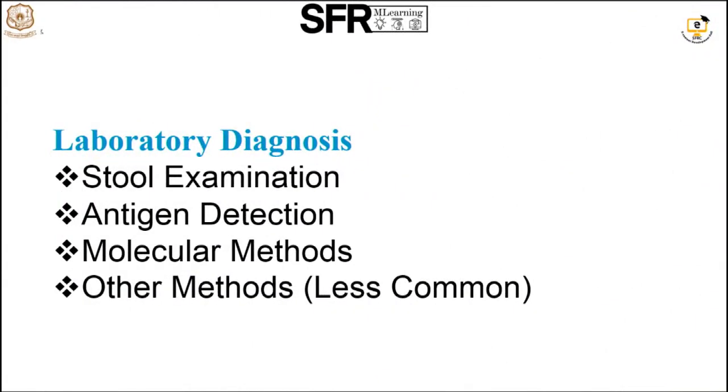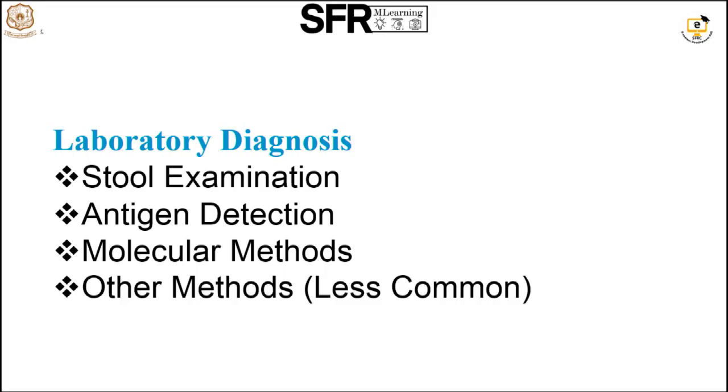Then how to diagnose Giardia lamblia? The laboratory diagnosis of Giardia lamblia infection is primarily based on stool examination. Trophozoites can be detected in fresh diarrheal stools using a direct wet mount method, while cysts are identified in formed stools through concentration techniques such as formalin ethyl acetate sedimentation. Stains like trichrome or iron hematoxylin improve the visualization of the parasite.